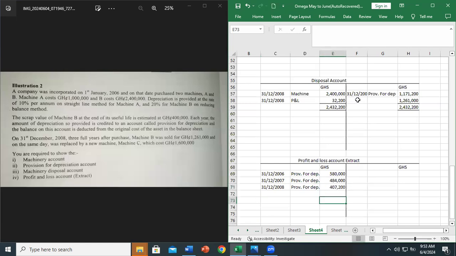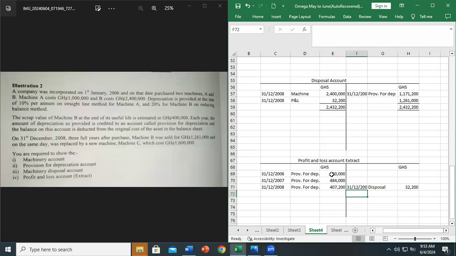But again, in your disposal account, you have another P&L. You have to pass the corresponding entry. So that was on 2008. So do it on the same line as that year, 2008. You are going to indicate disposal, 32,200. So that's how you do the extract.